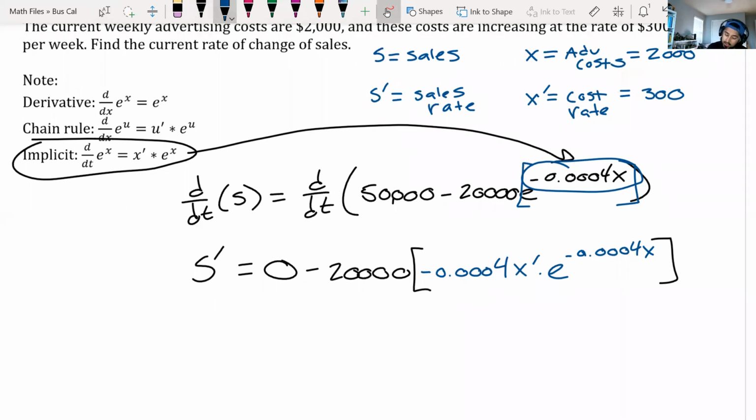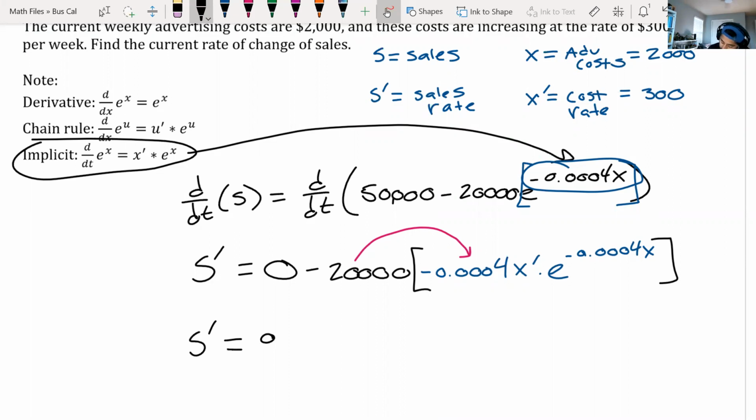All right. The next thing we're going to do is take this negative 20,000 and just multiply it by that negative 0.004. So we're going to get S prime, and 20,000 times 0.004 gives me positive 8.